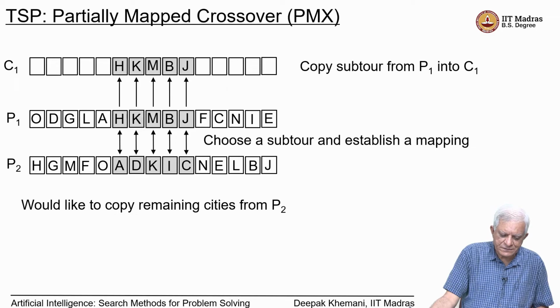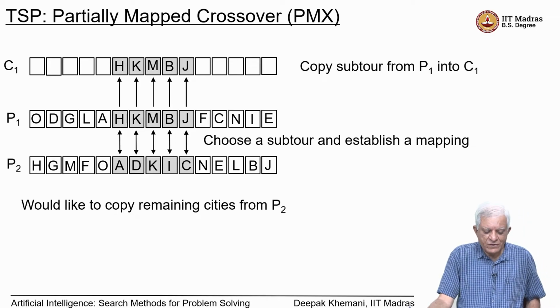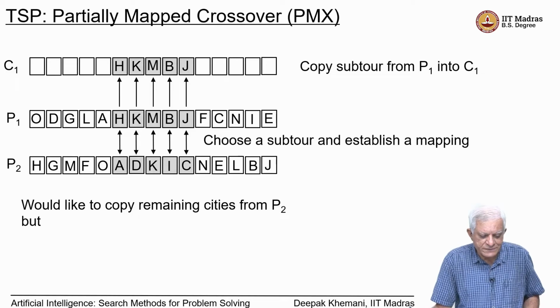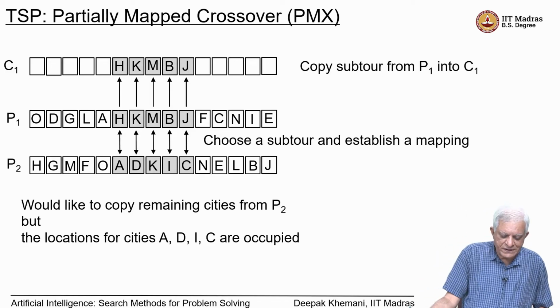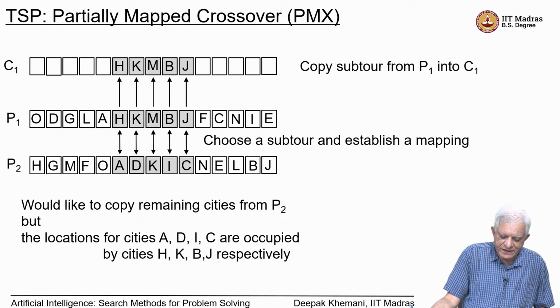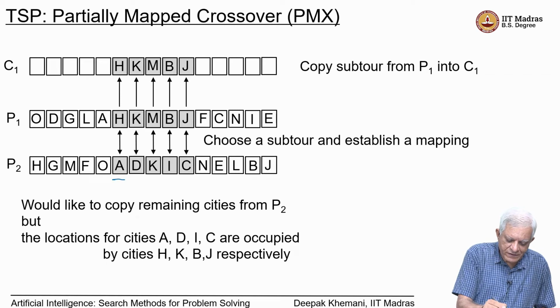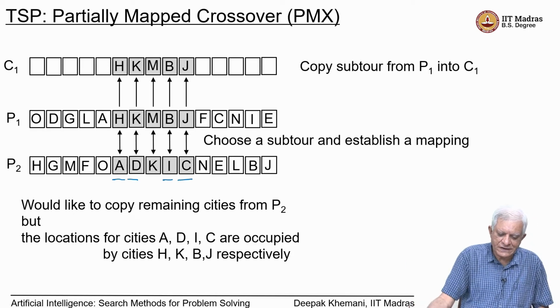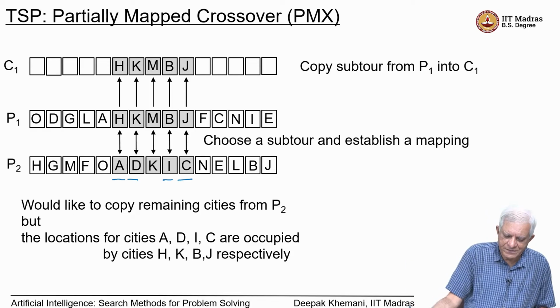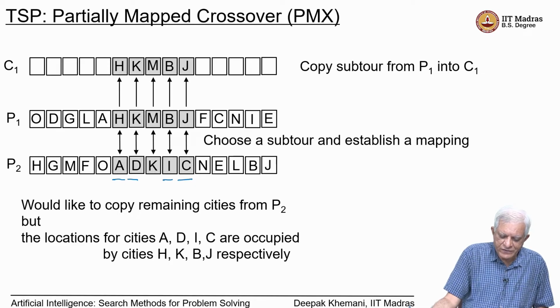How do we do that? We want to copy the remaining cities from parent 2, but some locations are already occupied. For example, the locations for cities A, D, I, C are occupied. So we can't copy A, I and C from parent 2, because their locations have been occupied by H, K, M, B, J. This is where we start using the partial map to find out where we should put A, D, I and C in child 1.